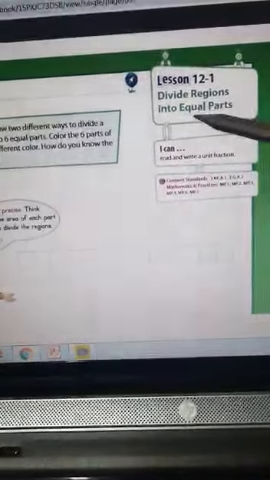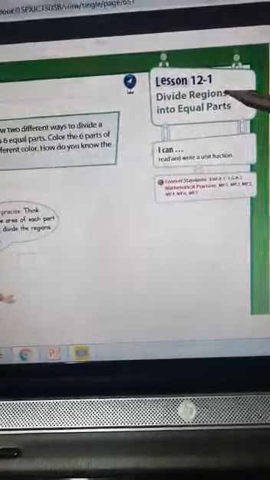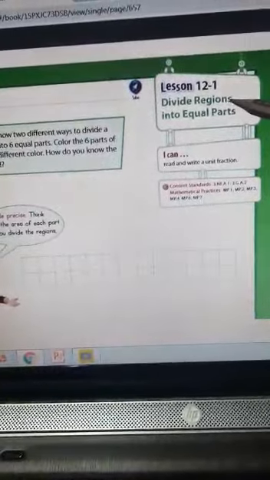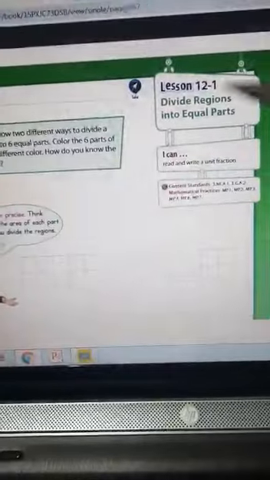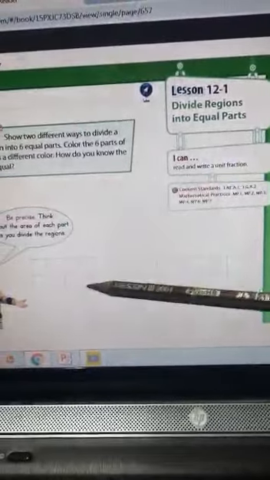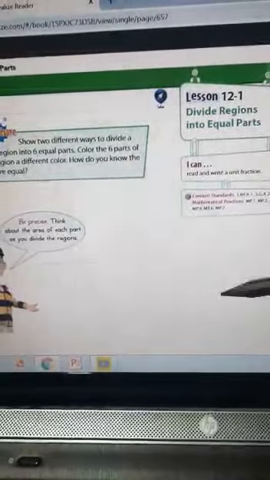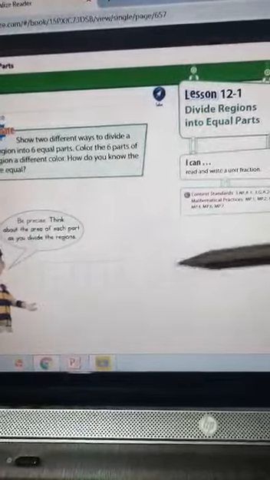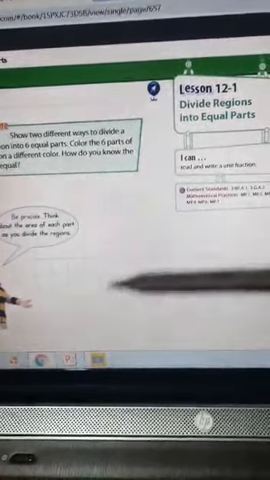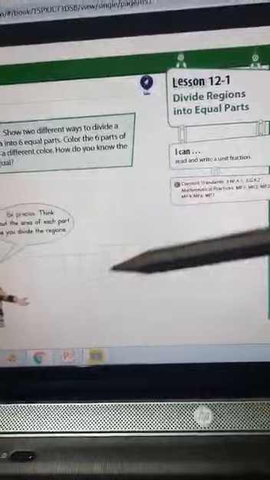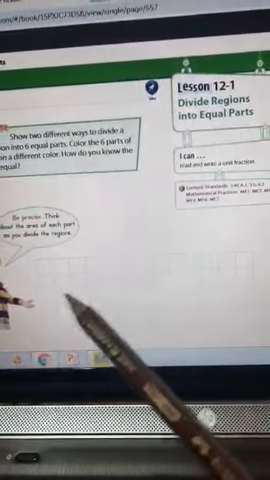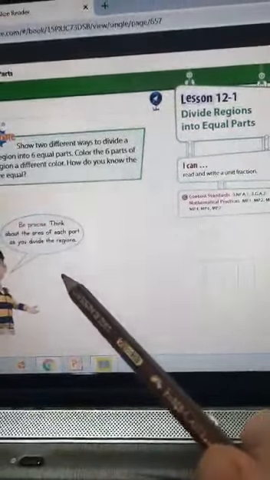What do I mean by regions? It means the space, the area for anything. For example, here we have these two shapes. They are the same, equal parts, and both of them are divided into equal parts. As you can see, I choose one cube here. As you remember, we took that in term one.